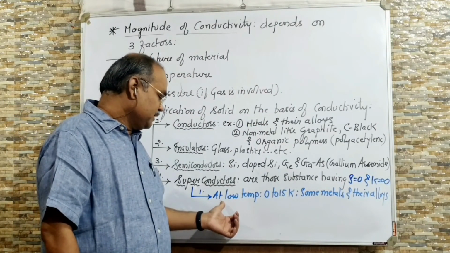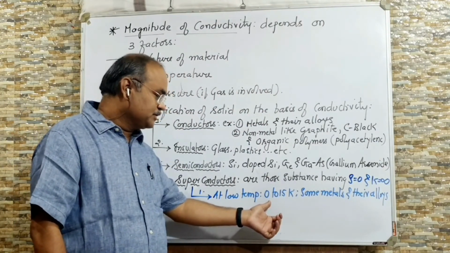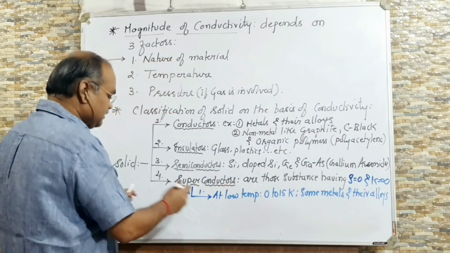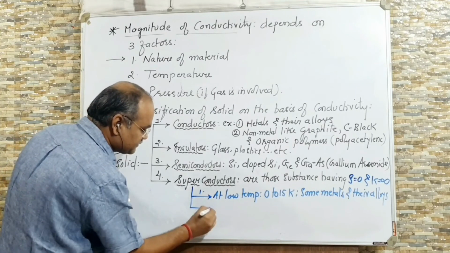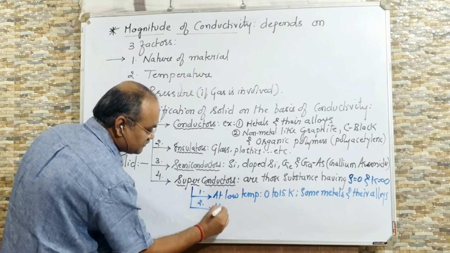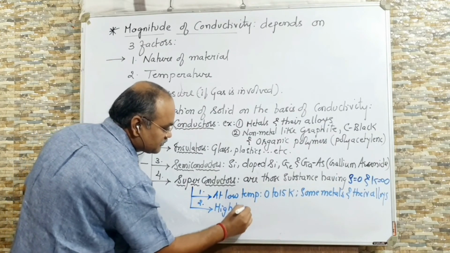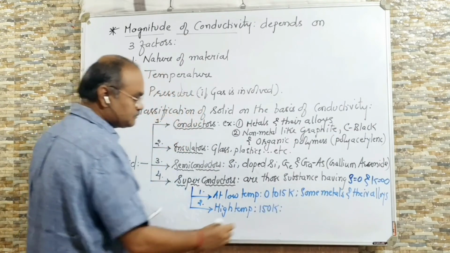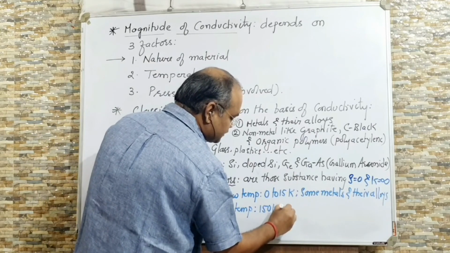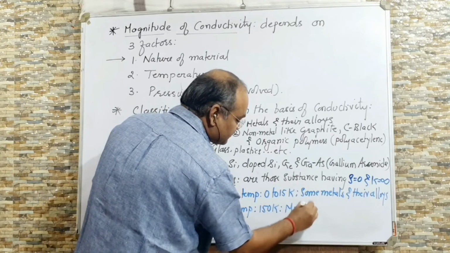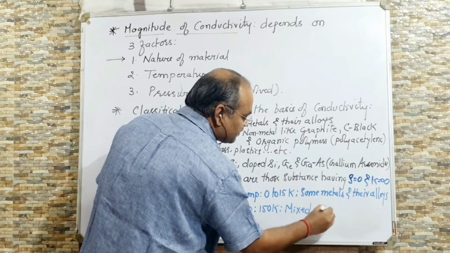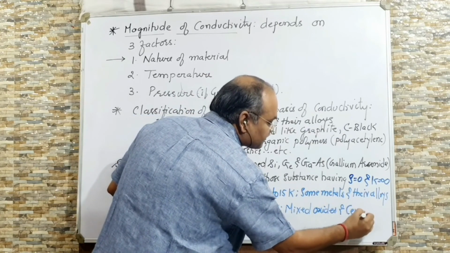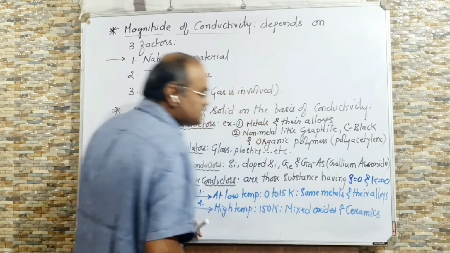Superconductors at low temperature, that is in the range of 0 to 15 Kelvin, some metals and their alloys behave as superconductors. But at high temperature, in the range of 150 Kelvin, mixed oxides and some ceramics are used.